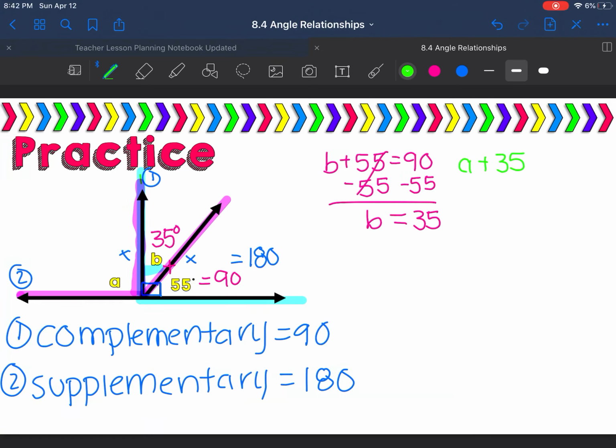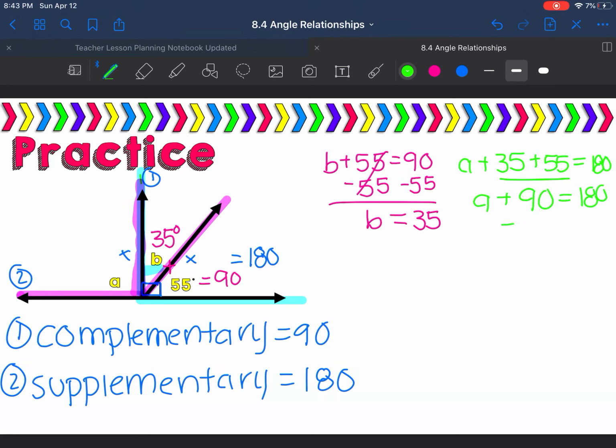I'm going to do angle A plus angle B, which is 35, plus the other angle, which isn't labeled, which is 55, equals 180. So 35 plus 55, add that together, and that is going to give you 90 degrees plus A equals 180.